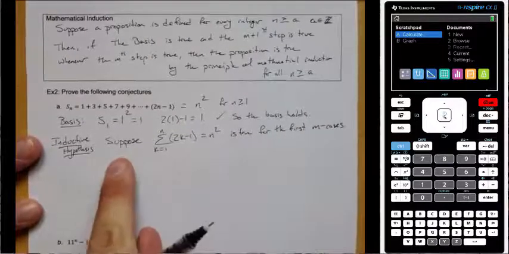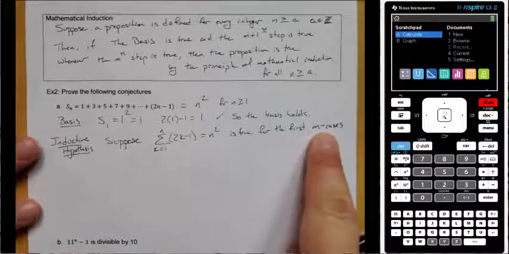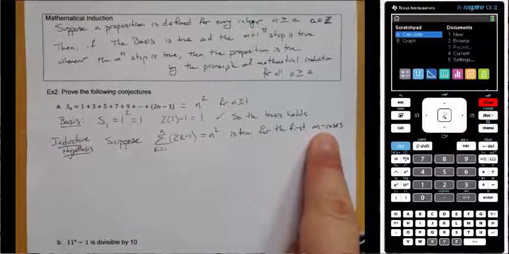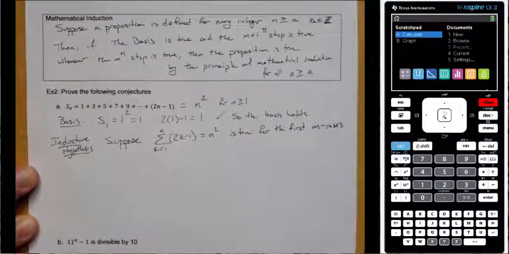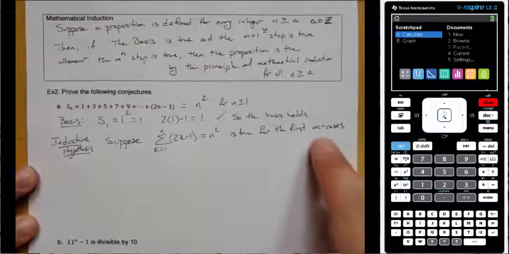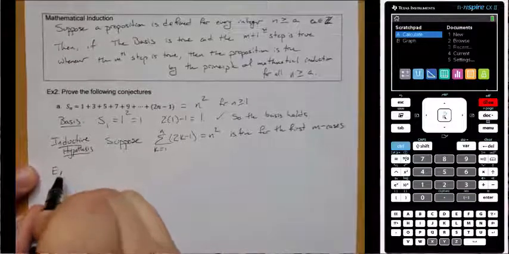So we're assuming that this formula works up until a point. The point happens to be m. And now what we need to show is that if it's true up to this point, then the next case will also work. So how do we do that? We're going to assume it works for the first m cases, and now we're going to examine the next case, or the m plus first case.